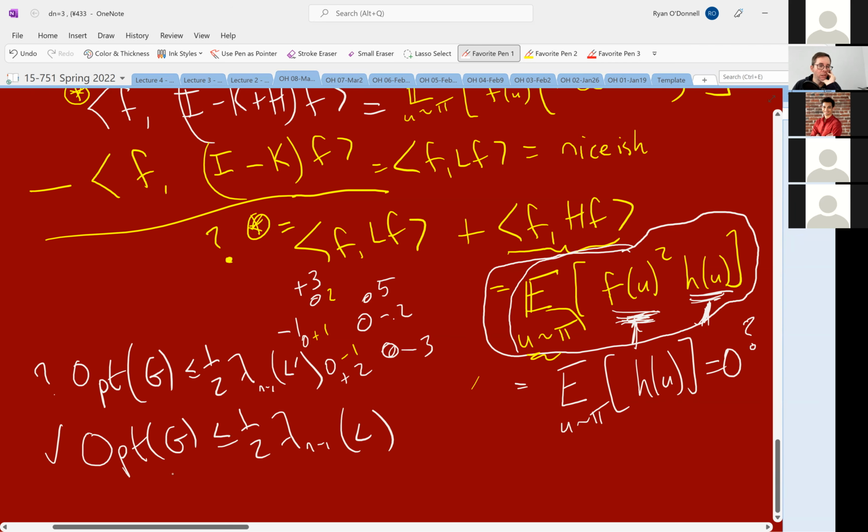So essentially, we want to show that the second term is 0 in some sense, or at least not necessarily 0, but less than. I suggest you write down the proof of this, then reflect on how much that proof changes now that we have this H business in there.